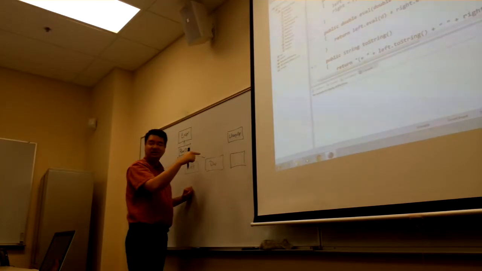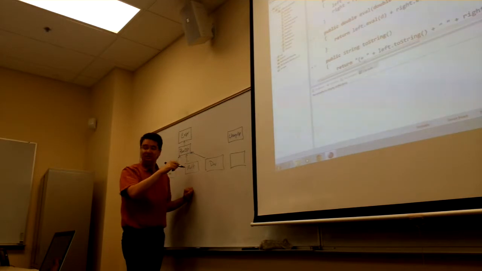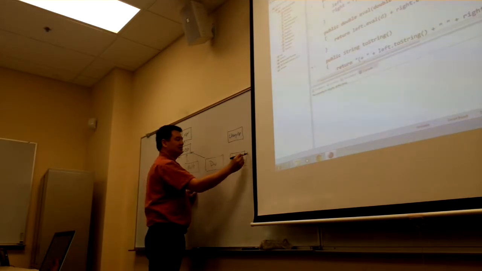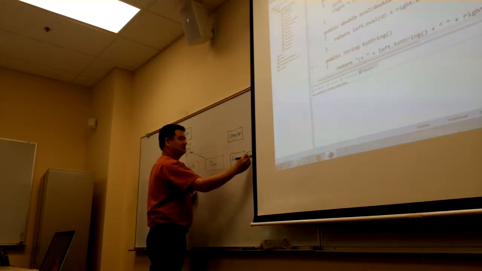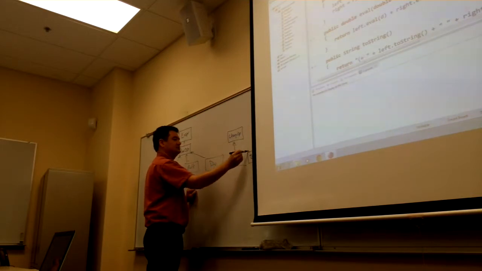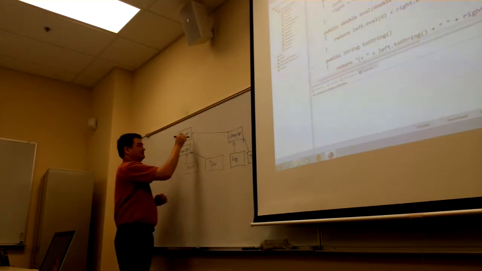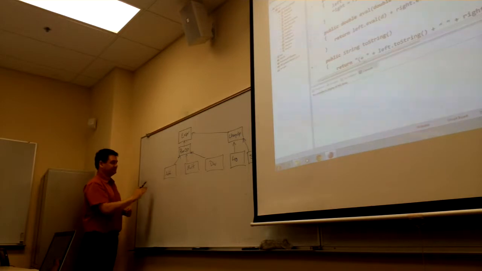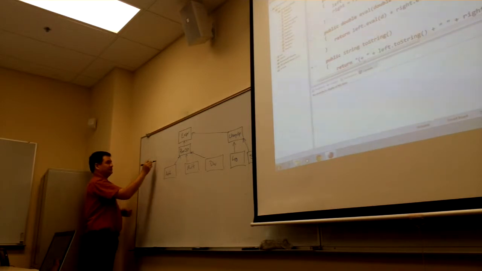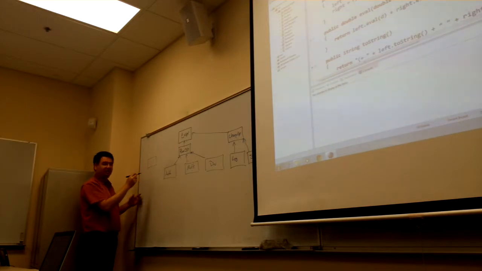Unary operators, like log, sine, cosine. Constants and variables are not unary operators, but nevertheless, those are instances of what are called terminals.